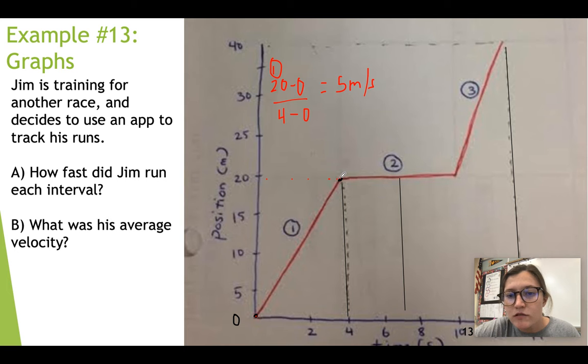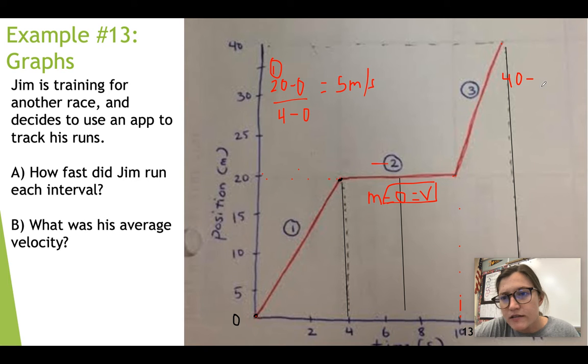For segment 2, between these 2 points there is no rise, so our slope is going to be 0. Slope here is the velocity, so the velocity is going to be 0 for segment 2. For segment 3, our y-coordinate ends at 40 meters, so y2 is 40.